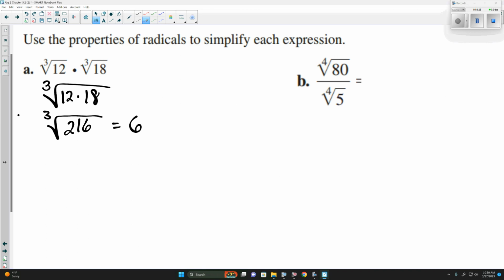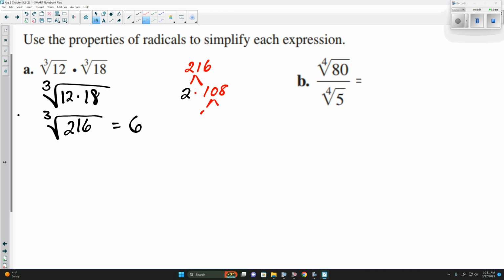Now another way we can look at this is simplifying cubed roots with a factor tree. We can factor it down and group them so that we have our groups of 3 or 2s. Now, if we do the factor tree for this here, we take the first prime number that we can use, which is 2. 2 times 108 would give us 216.